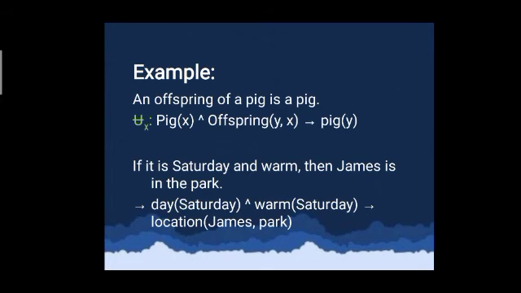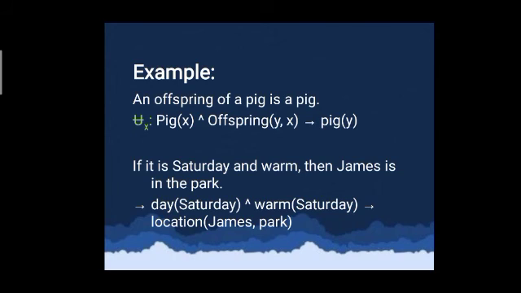Warm is an attribute for Saturday. So if the day is Saturday and Saturday is warm, then it implies that James is in the park. Basically, we can say that the location of James is in the park. As I said, we can consider a predicate as a function.